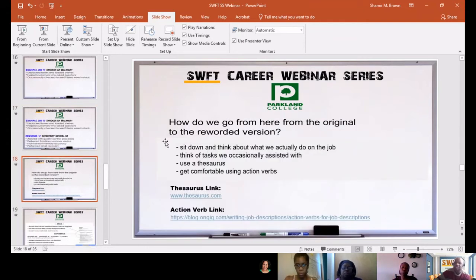Sometimes that process isn't easy. So we want to know, how do we go from the original to the reworded version? What we need to do is sit down and think about what we actually do on the job. Because it's become so routine to us, it feels like there's not a lot to it.